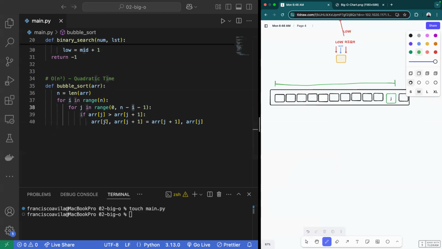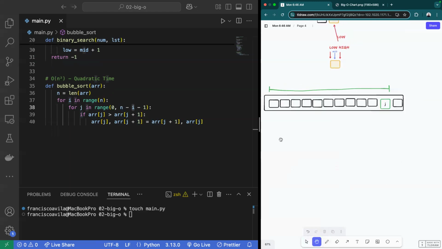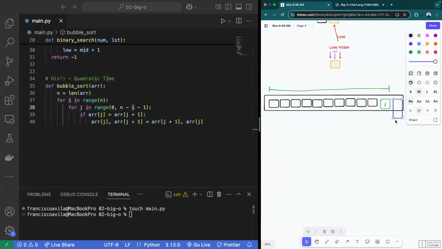Then I ask a question. I'm asking, hey, if array of j, which is my current location here, is greater than array of j plus 1, the one next to it. If it's greater, then I'm simply just going to switch these two locations.